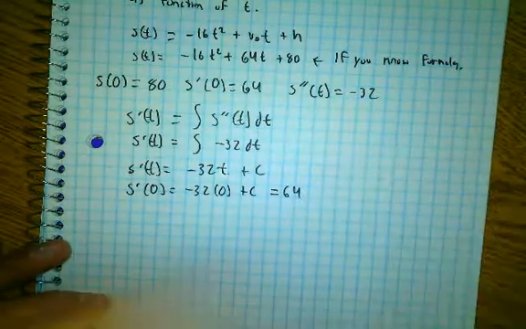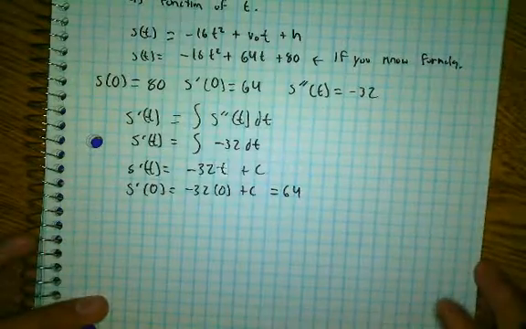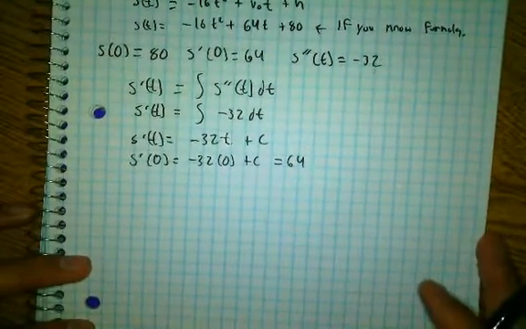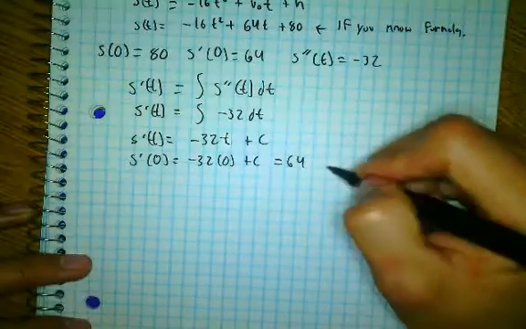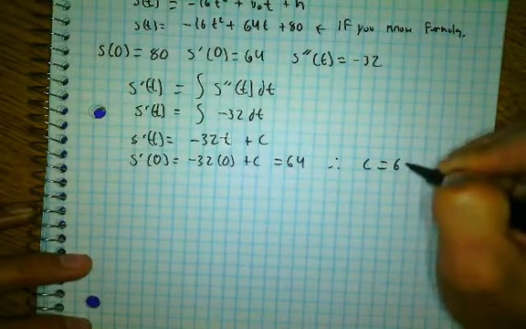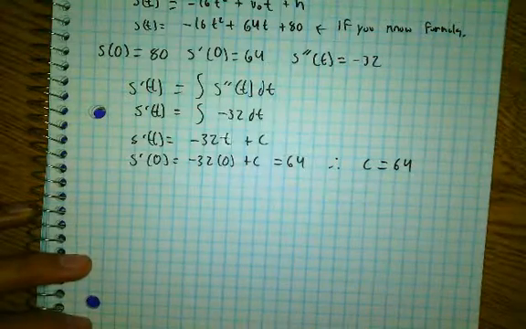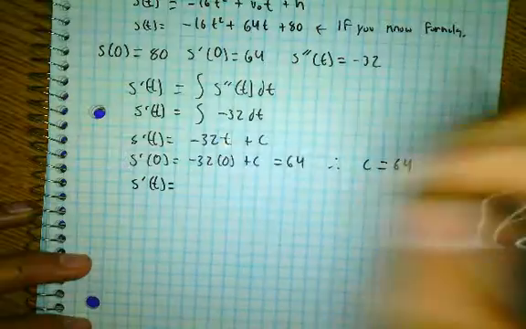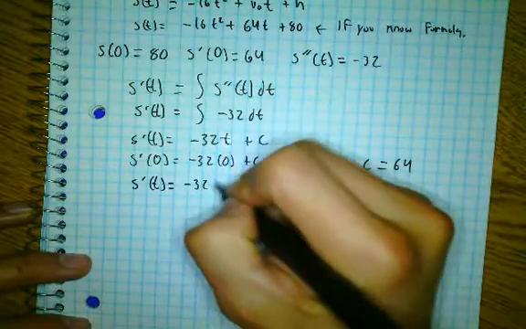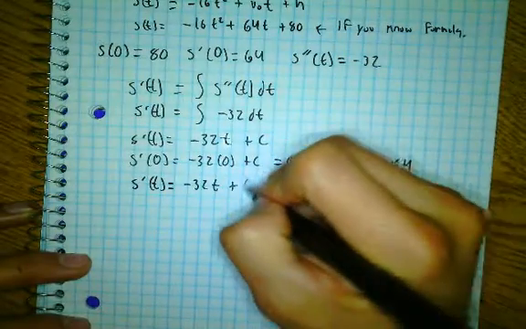But they asked me for the position. So how can I find the position? The position function is going to be the antiderivative of the velocity function. Agreed? Therefore, the position is going to be the antiderivative of negative 32t plus 64 dt. Which in our case is going to be what?